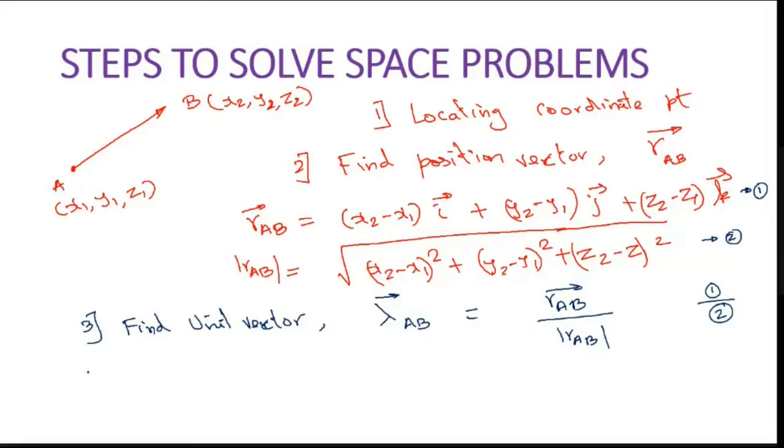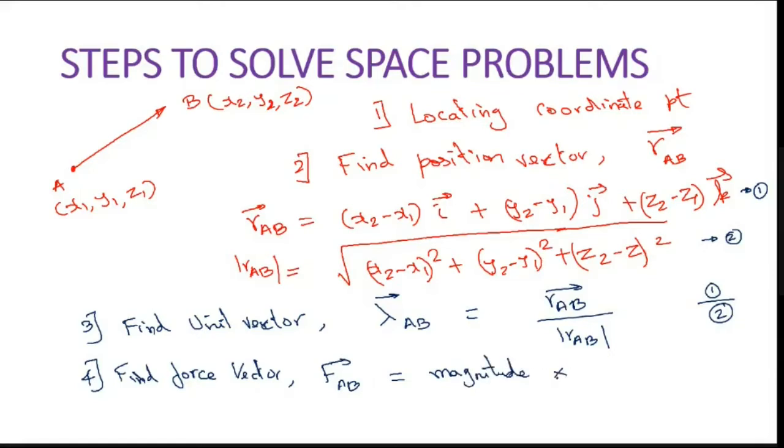Once you identify the unit vector, the last step is to find your force vector. The force vector is FAB. This FAB vector will be equal to the magnitude of the force times lambda AB.